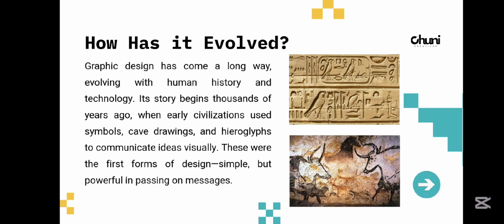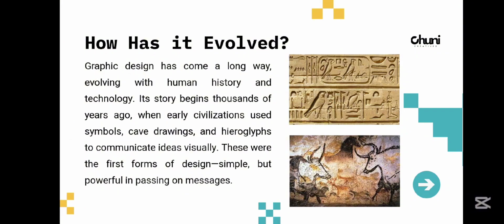History of graphic design. These things have been there since the days of old, since way back. Since even the 10th century, I may think. Graphic design has come a very long way, evolving with human history and technology. Its story begins thousands of years ago when early civilizations used symbols such as cave drawings and hieroglyphs to communicate ideas visually.